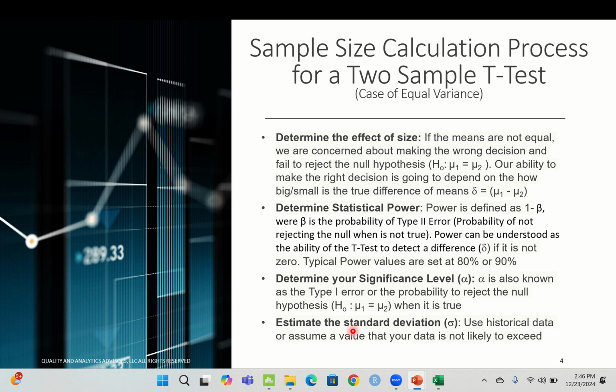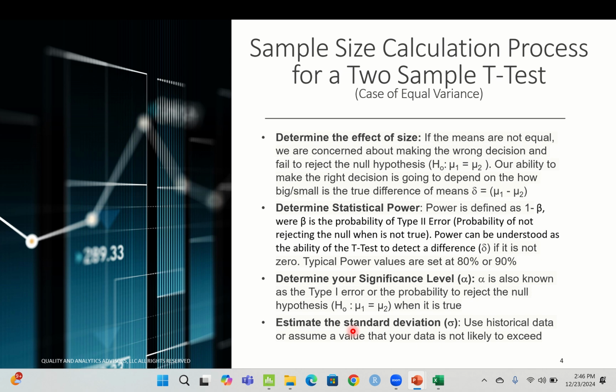So our ability to make the right decision is going to depend on how big or small the true difference of means is, and then there is going to be a relationship with the sample size in determining that particular ability. That's why this is very important to be done prior to actually collecting data, so that we know that we have the right power for detecting this difference.